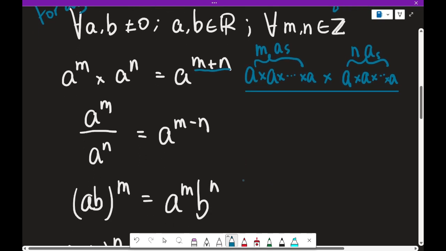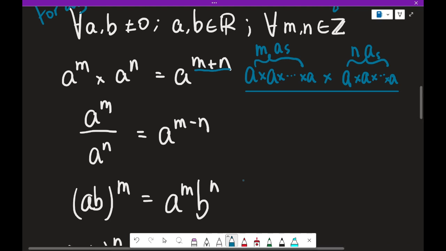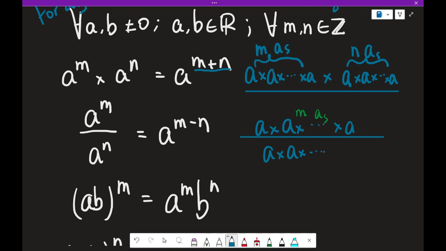Next one, a to the power of m over a to the power of n equals a to the power of m minus n. With a similar approach, we can understand this identity. For the numerator, we have m a's, and on the denominator, we have n a's.